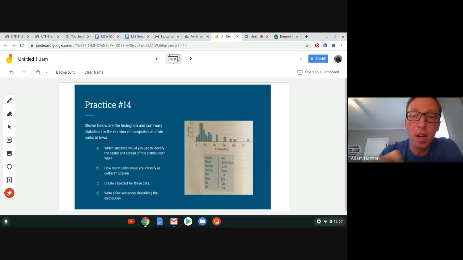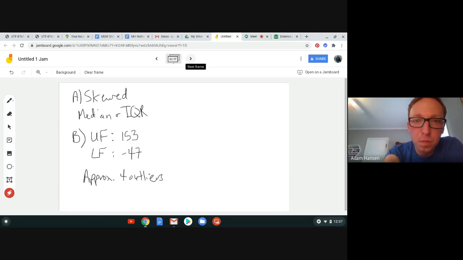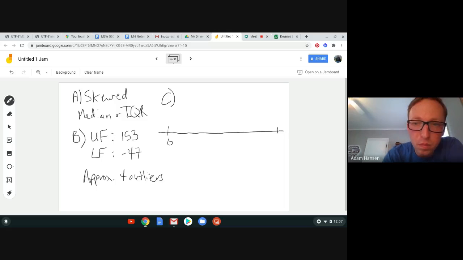So let's make a box plot for the data. We're going to go from 0 up to, let's call it 300. We'll go 100 and 200.